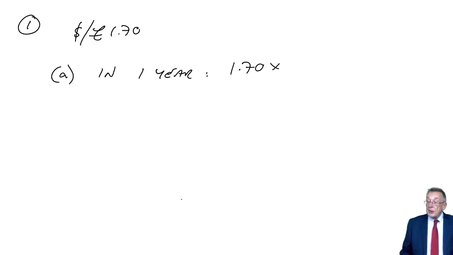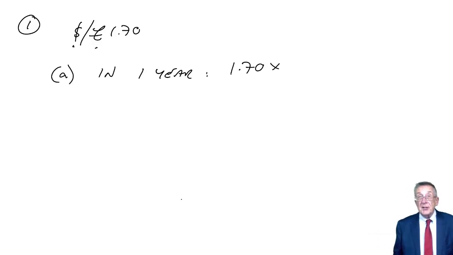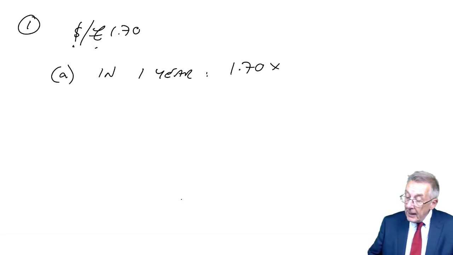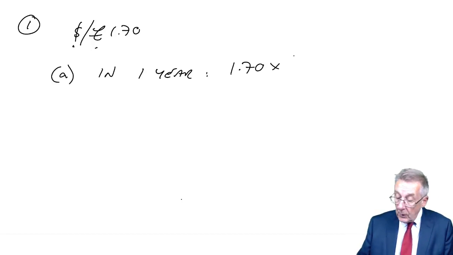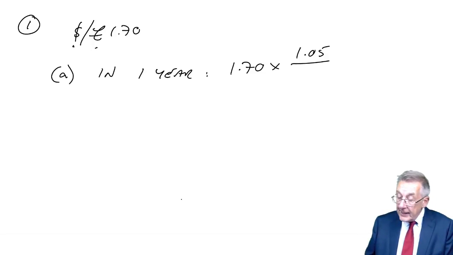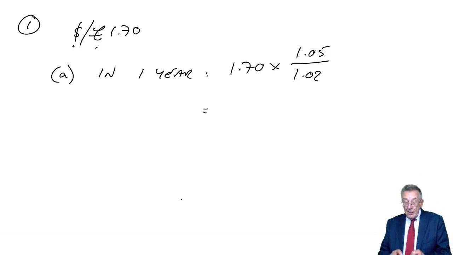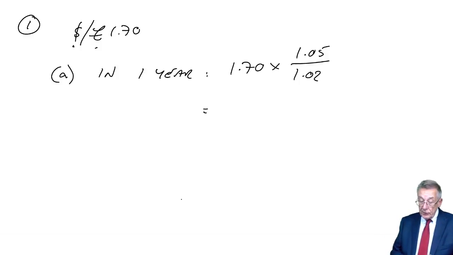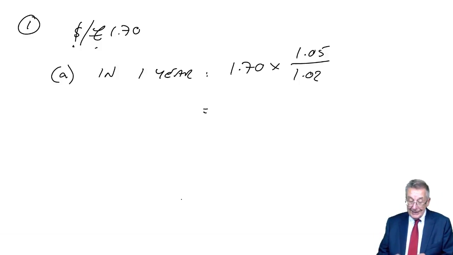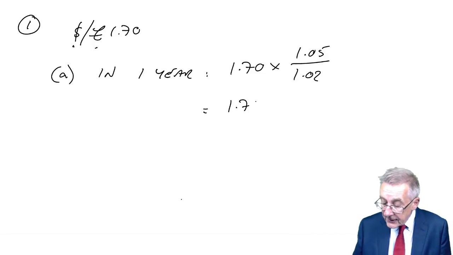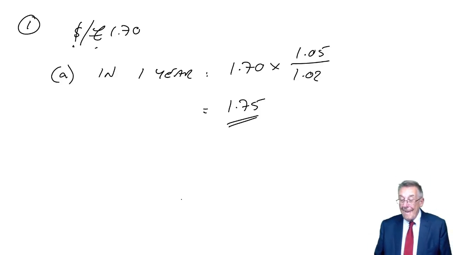The inflation rates, well, again, because it's quoted against the pound, the pound is the base country. So the other country is the US, inflation's 1.05. Base country, the UK, 1.02. It gives a forecast exchange rate in a year's time of 1.75.